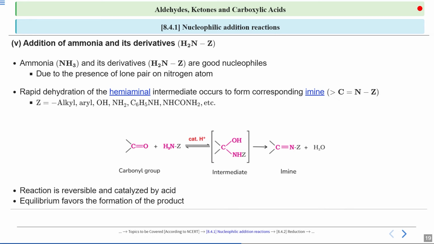Because it is reversible, it can go back also, but it favors the imine. Why? Because the imine is more stable than the intermediate. The hemiaminal is quite unstable, but the imine is quite stable, so the equilibrium favors formation of the imine product.